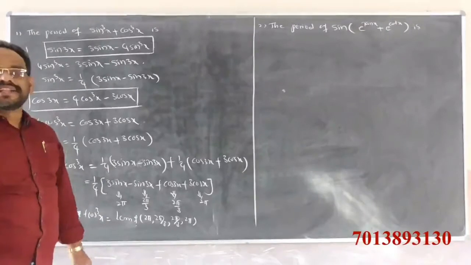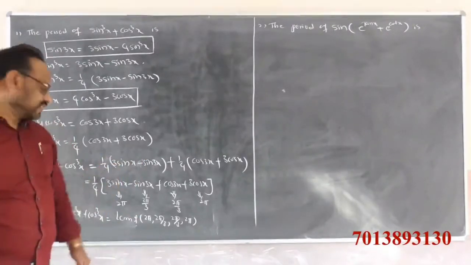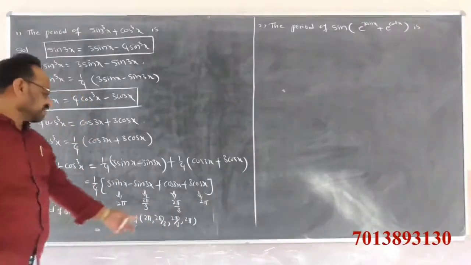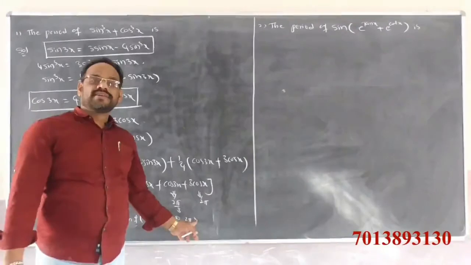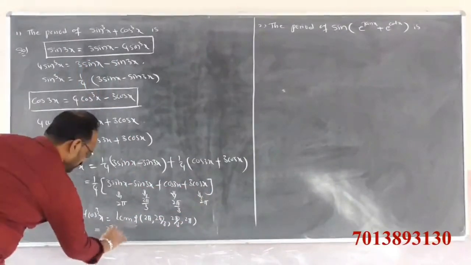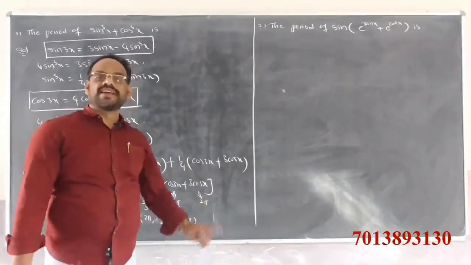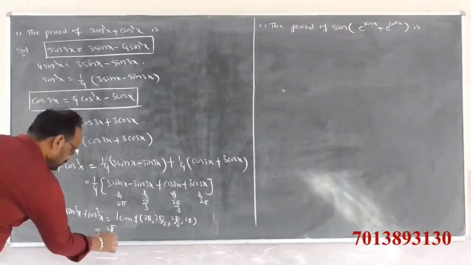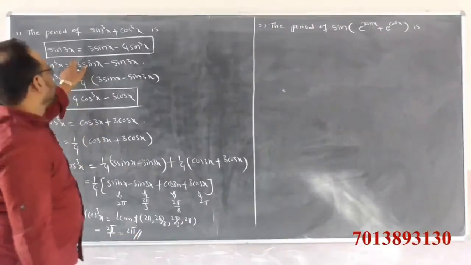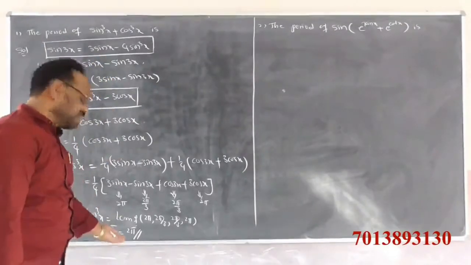Already we know that LCM of fractions is equal to LCM of numerators by HCF of the denominators. Therefore, LCM of numerators 2 pi, 2 pi, 2 pi, 2 pi is 2 pi. HCF of the denominators 1, 3, 3, 1 is 1. So 2 pi by 1 is equal to 2 pi. So the period of sin cube x plus cos cube x is 2 pi.